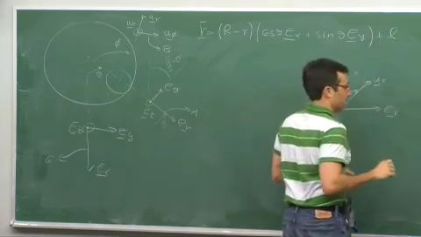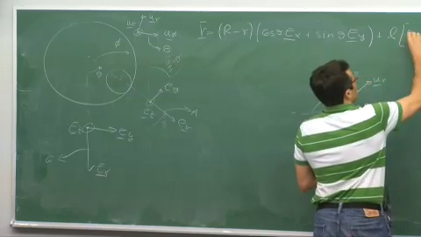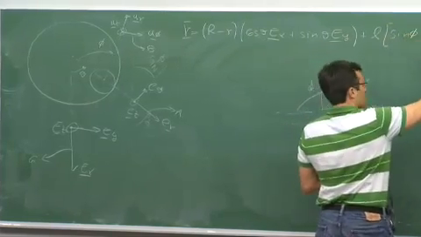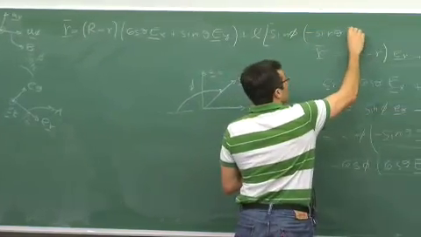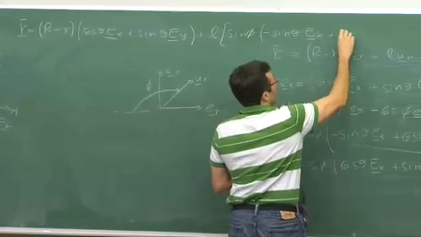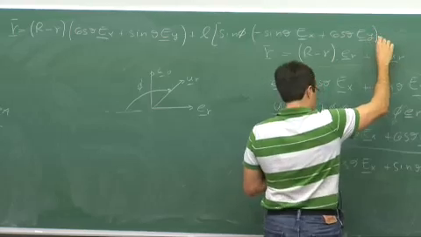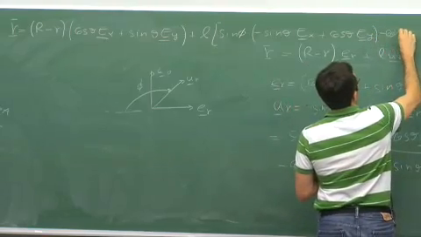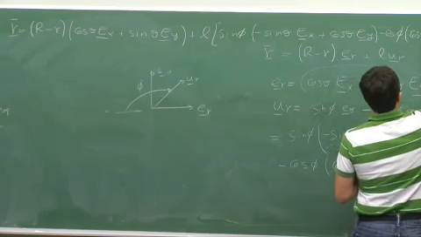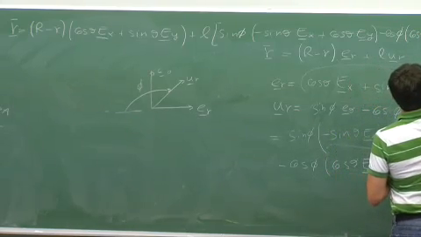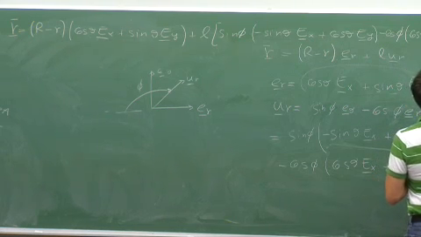plus L times this: sine of phi minus sine of theta big EX plus cosine of theta big EY, and then I have minus cosine of phi, which is multiplying cosine of theta EX plus sine of theta EY.